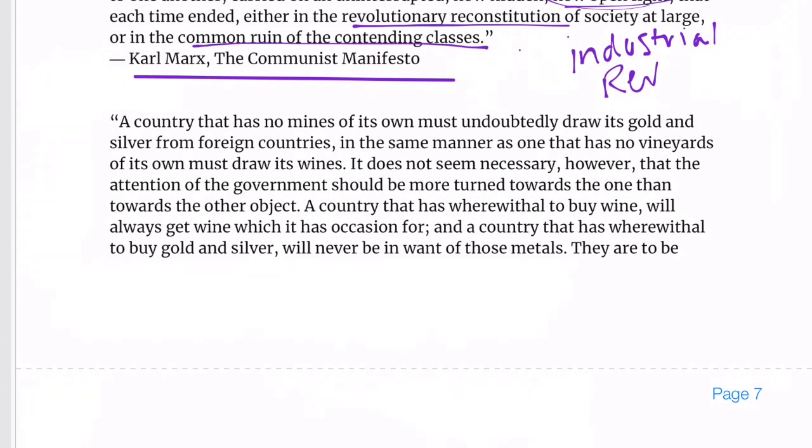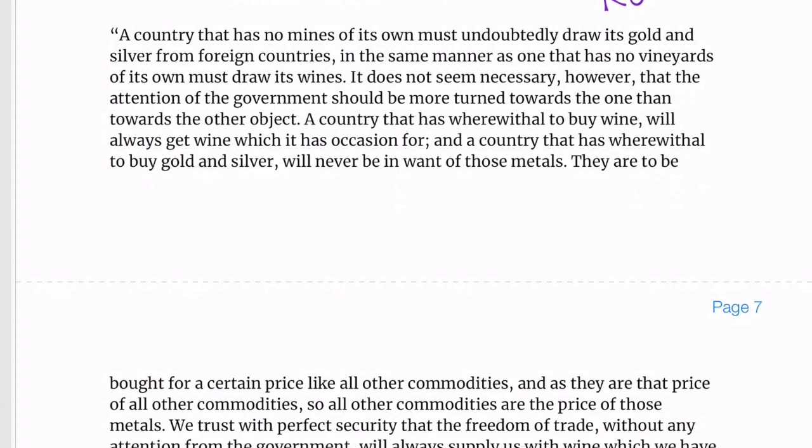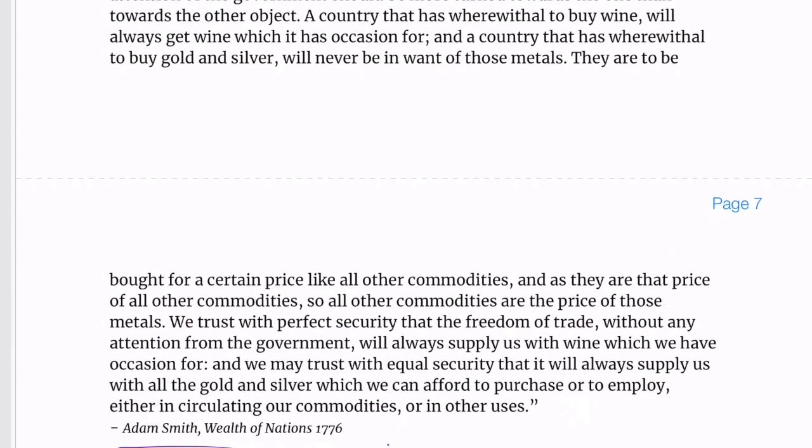A country that has wherewithal to buy wine will always get wine which it has occasion for, and a country that has the wherewithal to buy gold and silver will never be in want of these metals. They are to be bought for a certain price like all other commodities. And as they are that price of all other commodities, so all other commodities are the price of those metals.